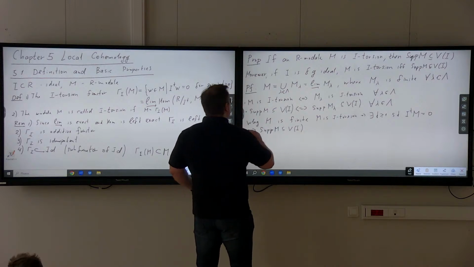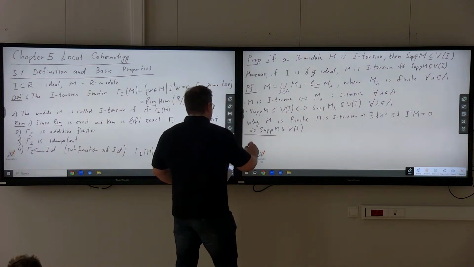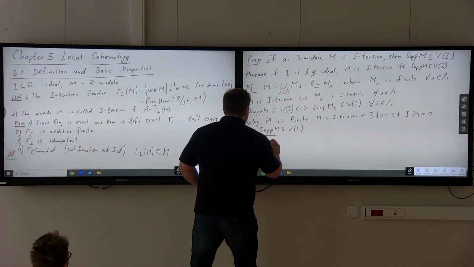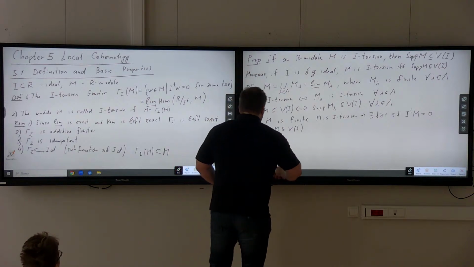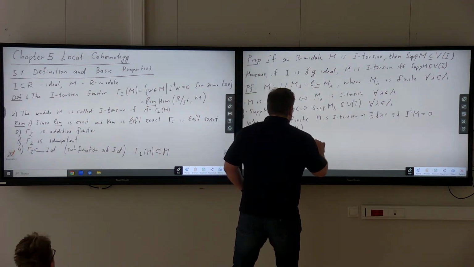Okay, let me do the moreover part. Let me separate this from the main proof. For finite M, well, we know that for the support of M, we have a formula.